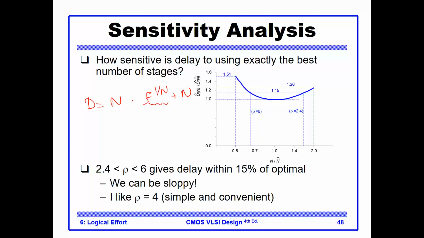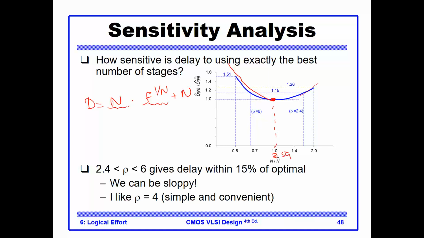This factor diminishes with large n, and this factor diminishes with small n. So you can see that the delay goes down to a point where the other factors start to pick up and increase the delay. And this right here is about our 3.59, what we saw previously.